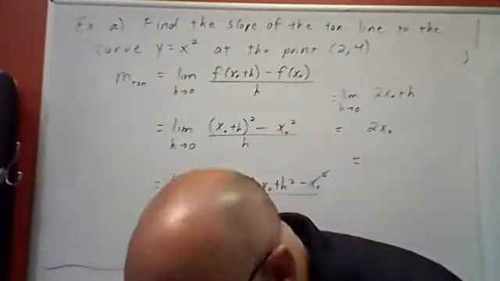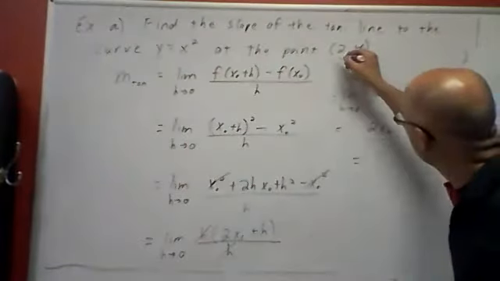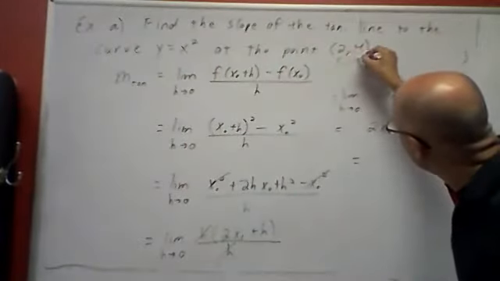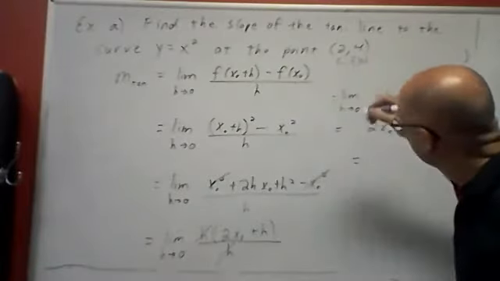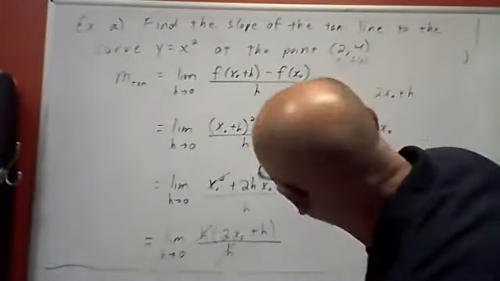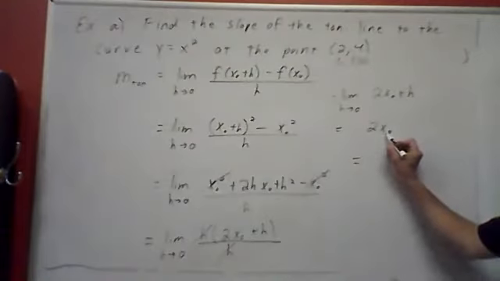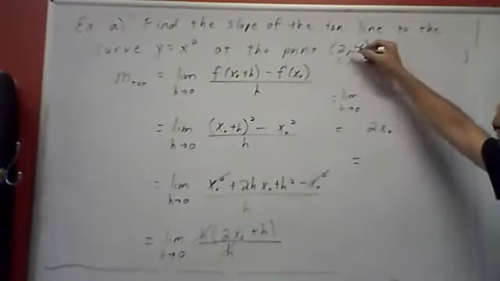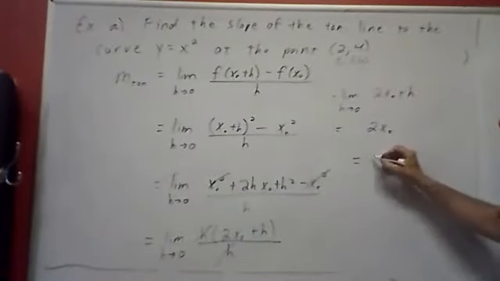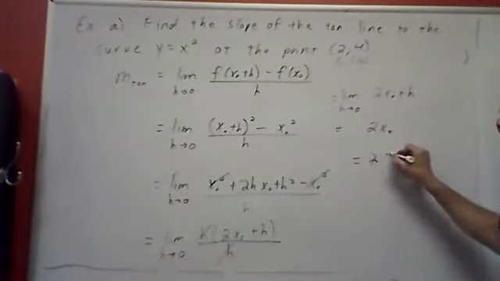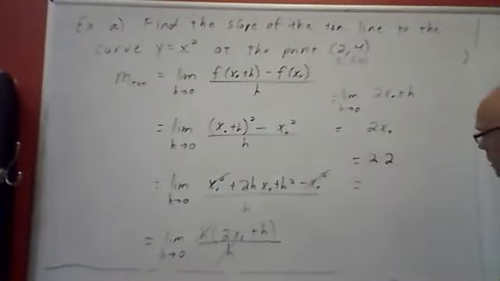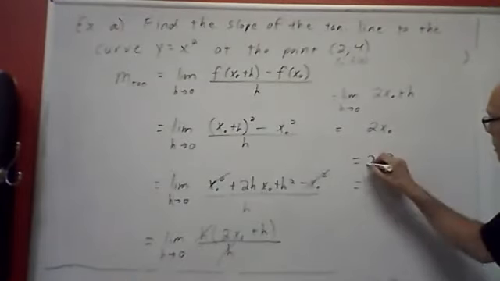So what they're saying whenever they give you that particular point is they're saying that's x naught and that's f at x naught. So if I want to evaluate this at my particular x naught value, I sub in what x naught value? 2. So I have 2 times 2, or what? 4.